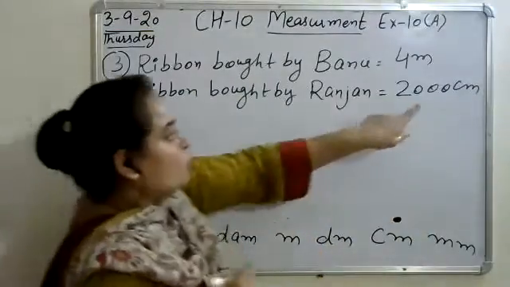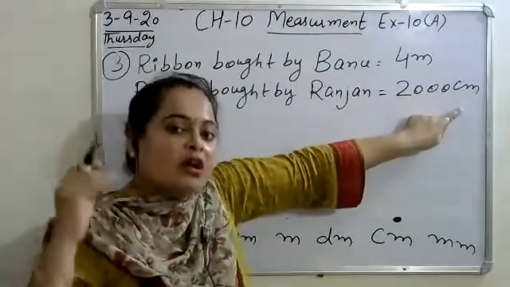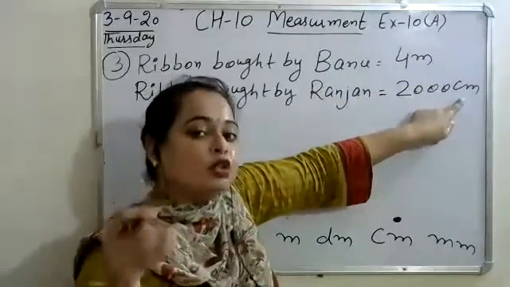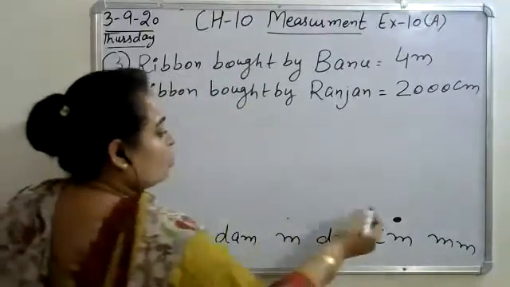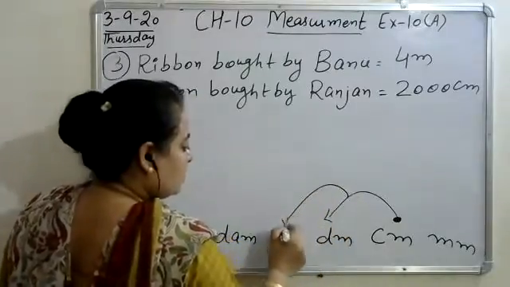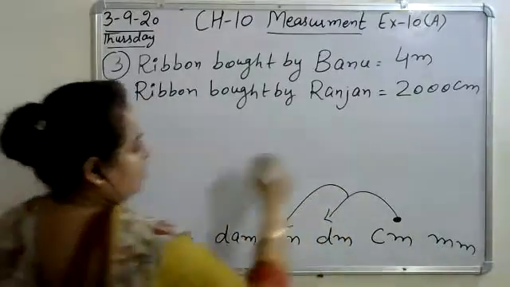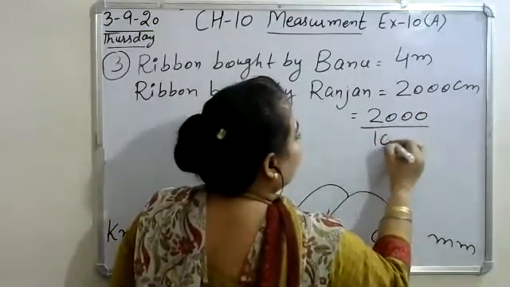And you want to reach meter because we are going to convert this centimeter to meter. So divide. Tell me how many jumps? Ma'am, 1. Ma'am, 2. So 1, 2. 2 jumps means 2 zeros.